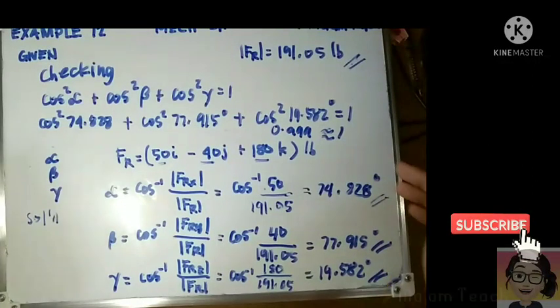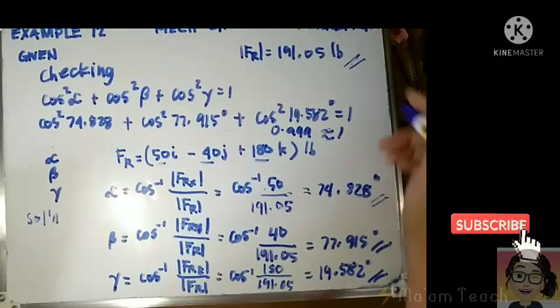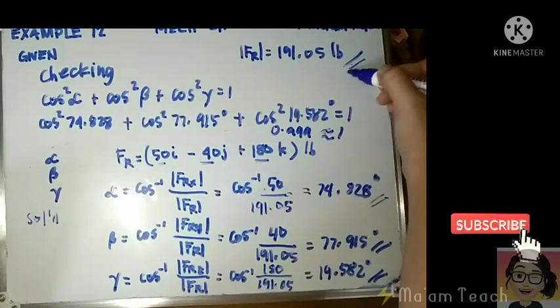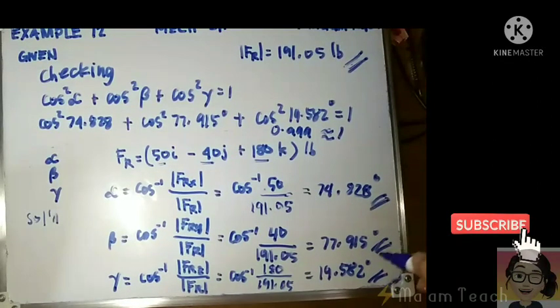This only means that our answers are correct. So again, for this example, this is the magnitude and these are the coordinate angles.